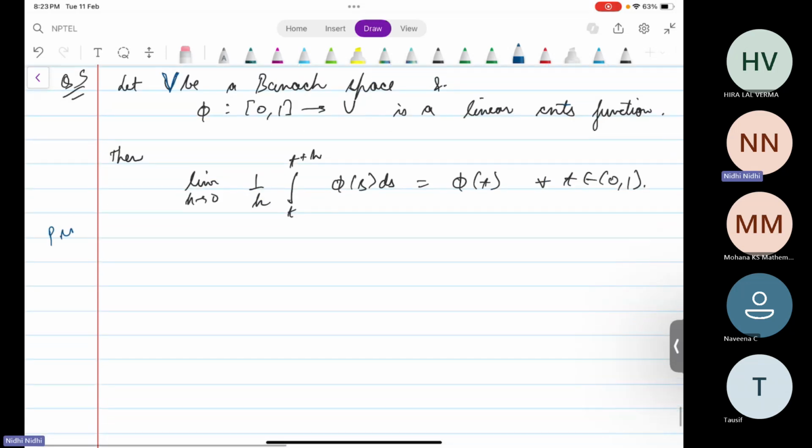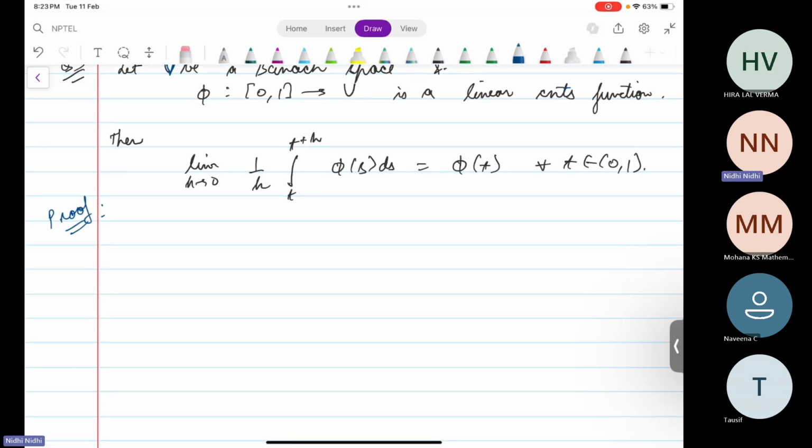Proof. Now to note this as a function of h, for t in 0 to 1, we define vh is equal to 1 by h times the integral from t to t plus h of phi s ds.